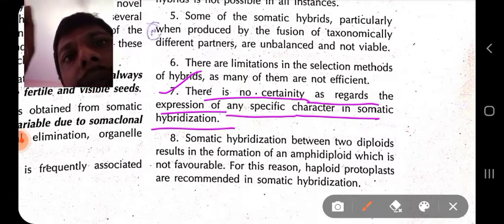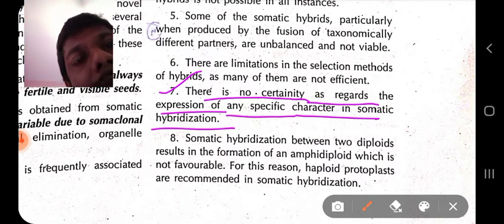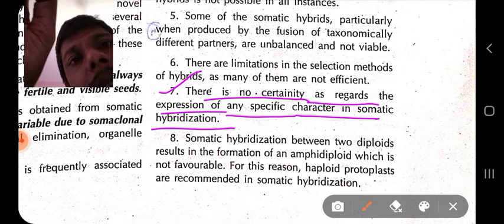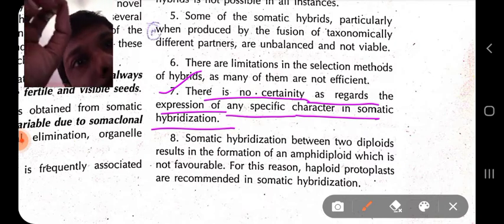That's why we go for genetic engineering techniques like Agrobacterium-mediated gene transfer, or mechanical techniques like the biolistic method, also called the gene gun, where with the help of high force we allow the DNA to be introduced into the nucleus. All of these techniques have limitations as well.